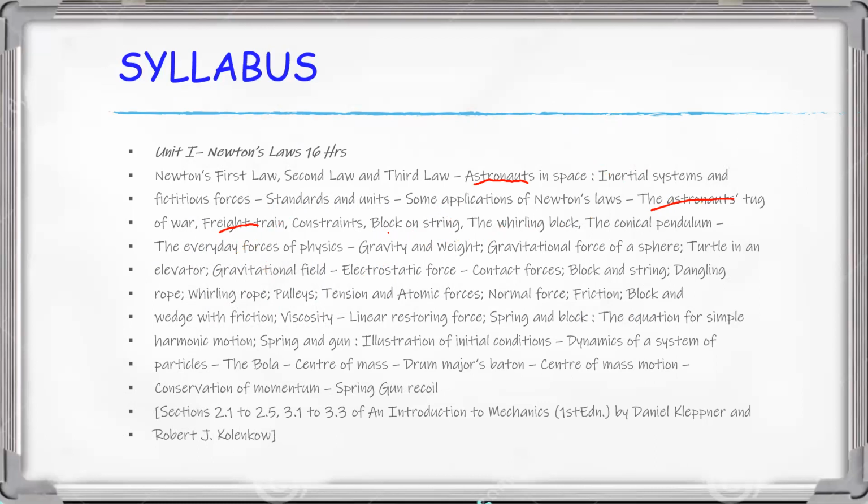And it must be familiar to you, that is a block on a string, and another whirling block, conical pendulum. And then we go to the gravitational force and the gravitational field. In that, there is an interesting example, that is a turtle in an elevator.